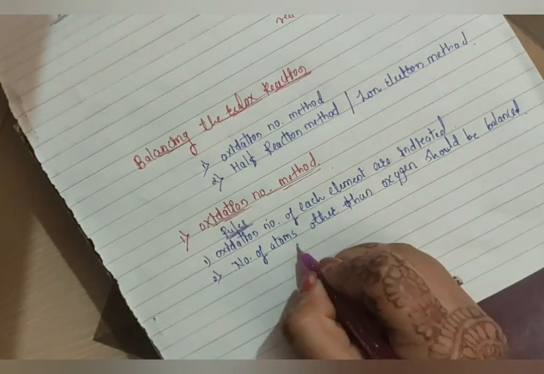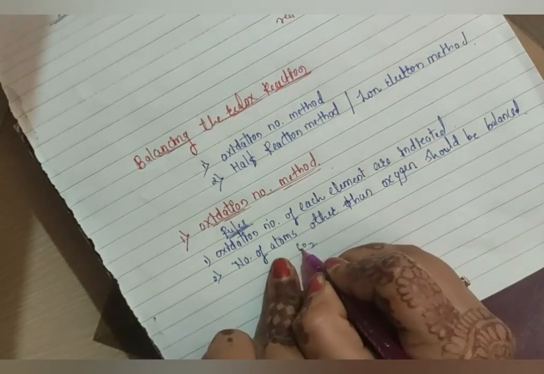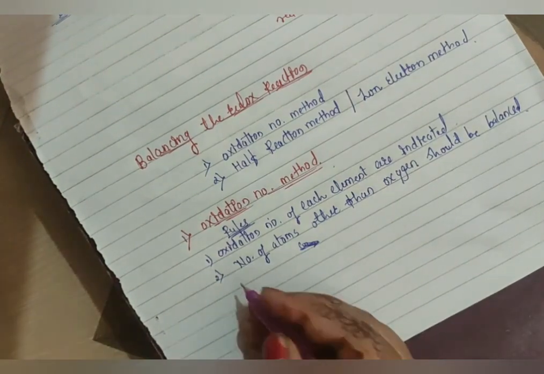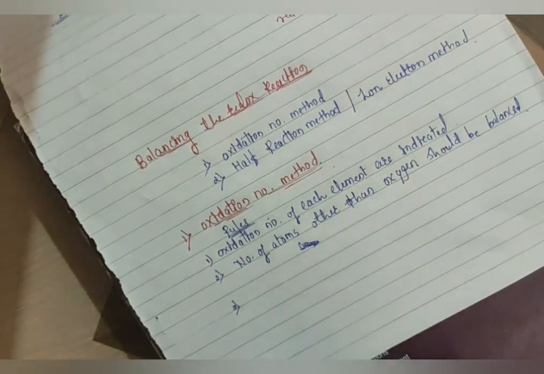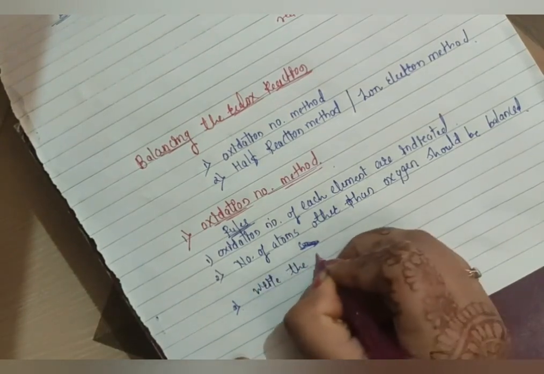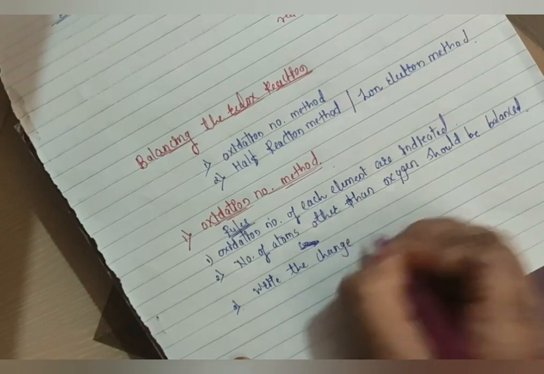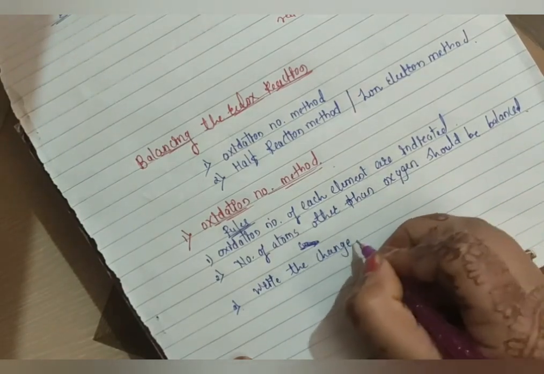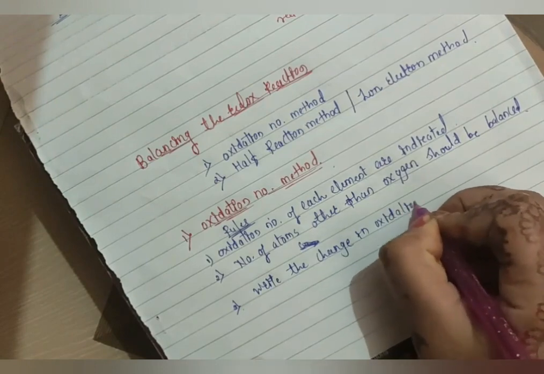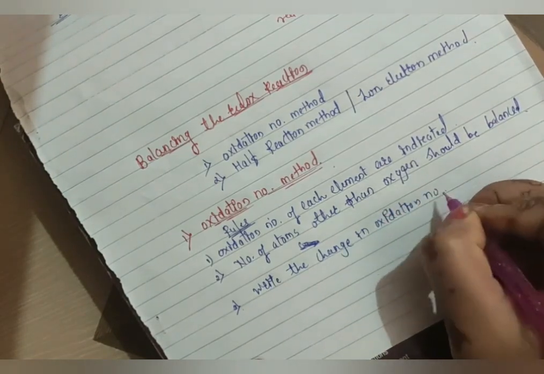Suppose I take CO2, other than oxygen we have carbon. So the number of atoms other than oxygen should be balanced. After that, write the change in oxidation number.